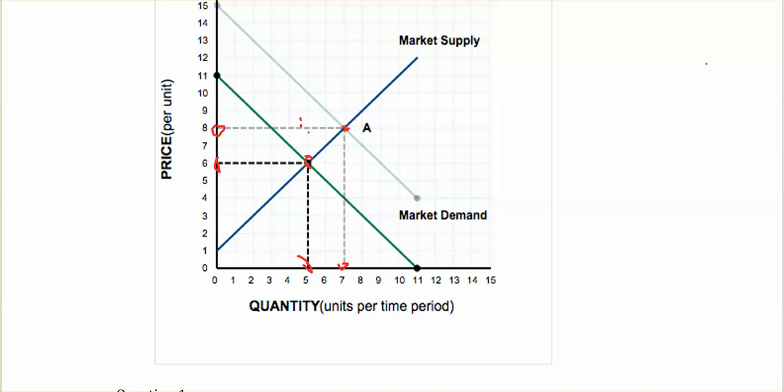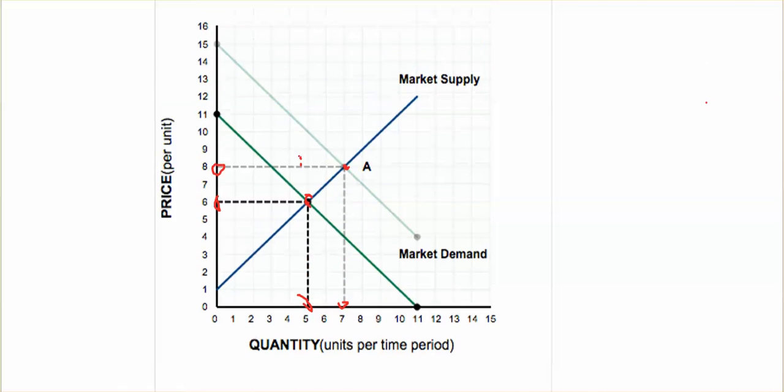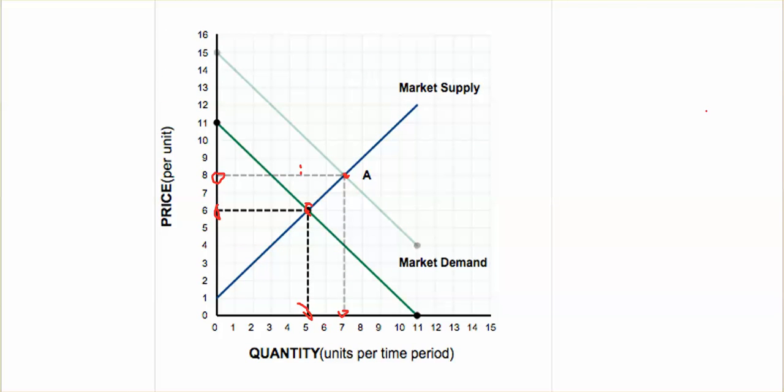In order to find this value, what you can do is first assume a quantity. First, let's assume the market quantity is 5. When the market quantity is 5, the intersection between this vertical line and the market demand curve is this point, and corresponding to this point, we can find the market price is $6.